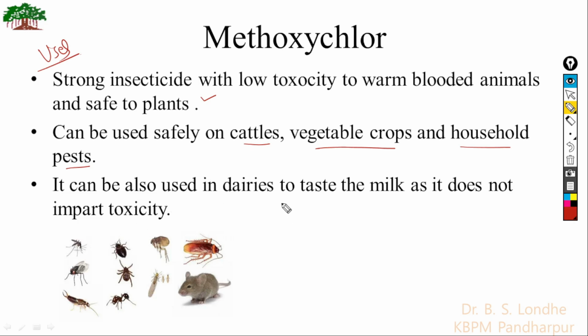It can be also used in dairies to test milk, as it does not impart toxicity. So it has low toxicity but strong insecticidal property. This is the beauty of methoxychlor. And these are some household pests shown here against which this methoxychlor can be used.